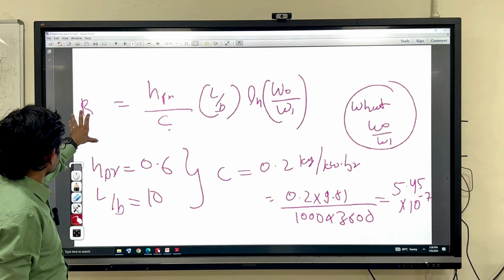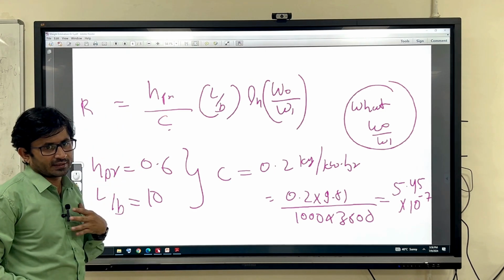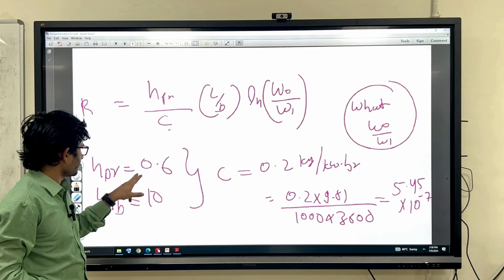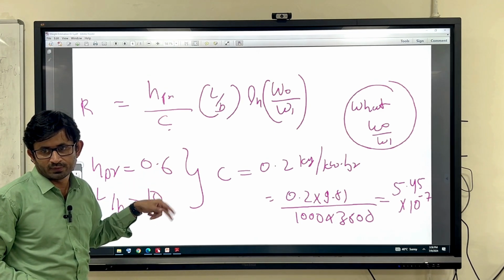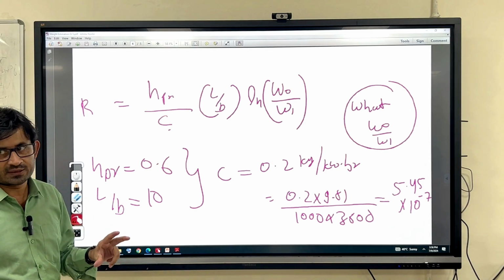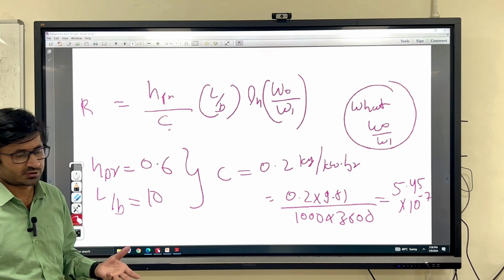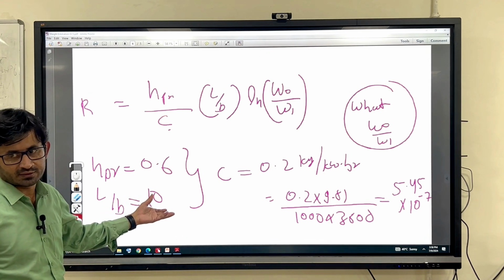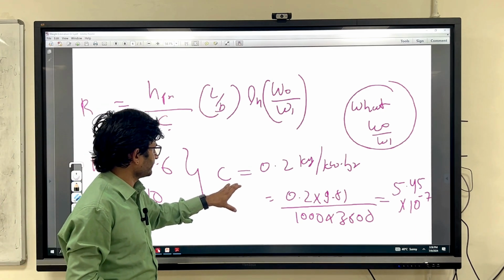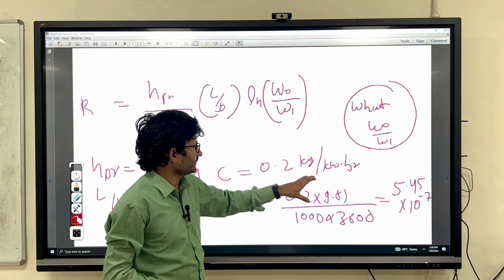Now if I put 4,000 here, and in the preliminary stage I am taking a propulsion efficiency of 0.6, to be on the more conservative side. If your propeller is a variable pitch efficient propeller, then you may reach 0.8 also. L by D I am taking as 10. And specific fuel consumption I am taking as 0.2 kg per kilowatt hour.